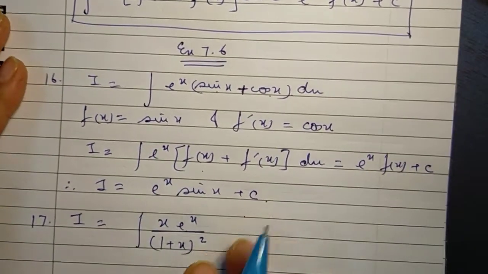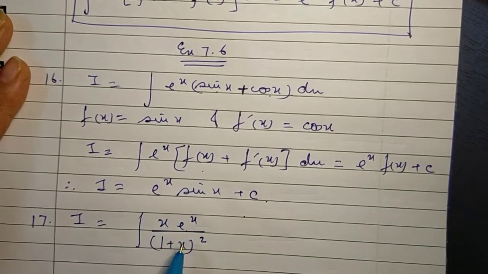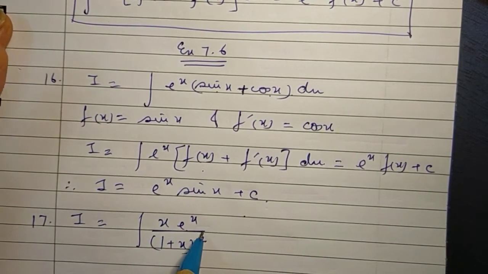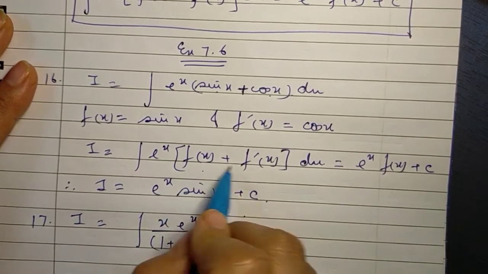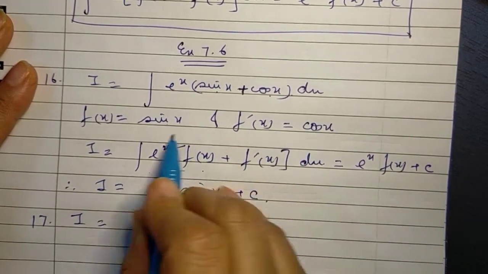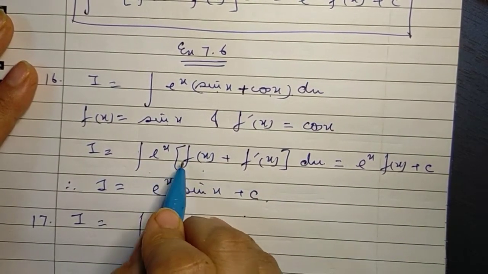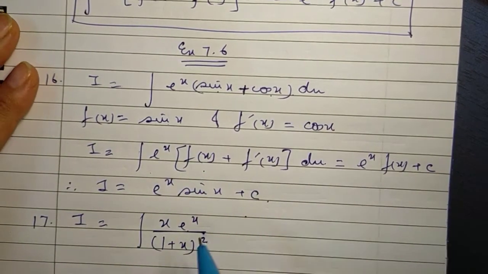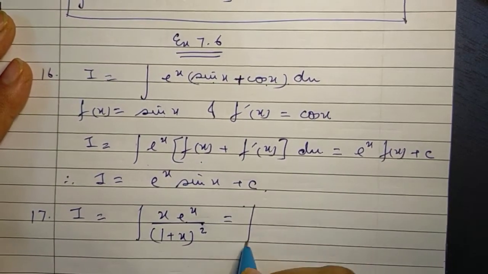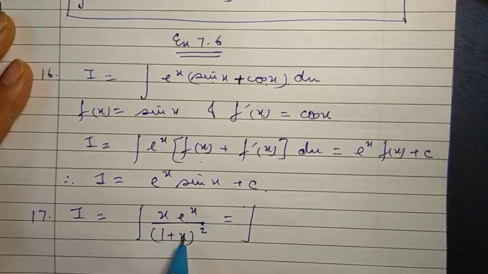Let's try, by making some changes to the form of this function, if we are able to convert it to this form, that is e^x times [f(x) plus f'(x)]. So let's write this as, see, we want the denominator to be 1 plus x, the denominator is (1 plus x) whole square.